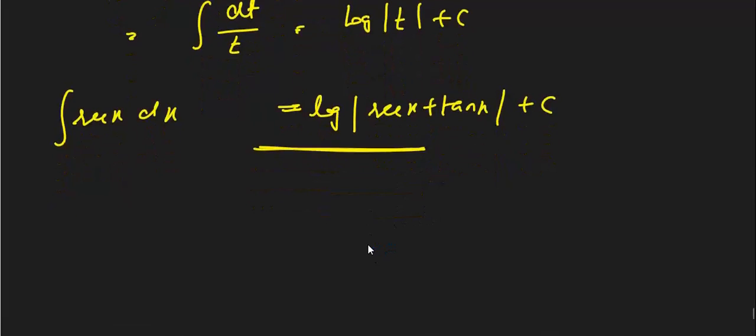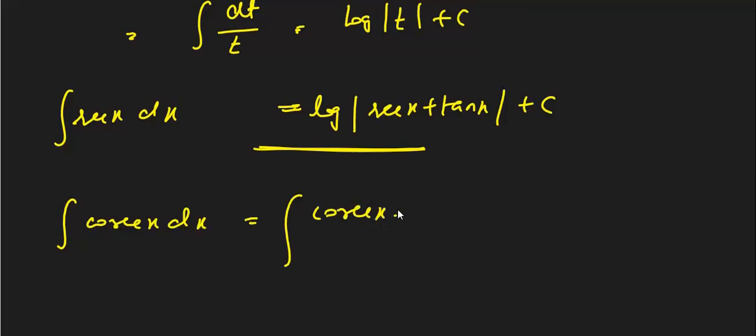Similarly, we can derive one more formula for integral cosecant x dx. Here, consider cosecant x as it is. Now you have to multiply and divide by cosecant x plus cot x.